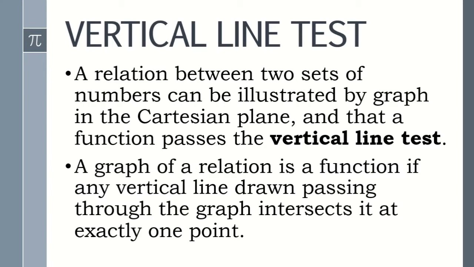This means that on a graph, the idea of single-valued means that no vertical line ever crosses more than one value. If it crosses more than once, it's still a valid curve, but it's not a function.